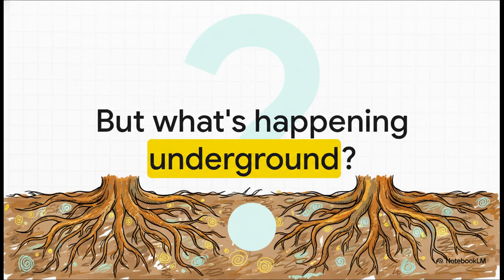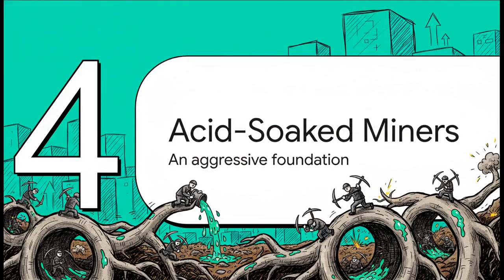Okay, so we've been looking up at this tower, but every great tower needs a really strong foundation. So what's going on in the part of the tree we can't even see? Because if the trunk is a quiet graveyard, the roots are something else entirely. Yeah, you can forget that gentle image of roots just quietly sipping water from the soil. They are way more like a team of relentless, acid-soaked miners, aggressively digging and fueling the whole construction of the tower above.